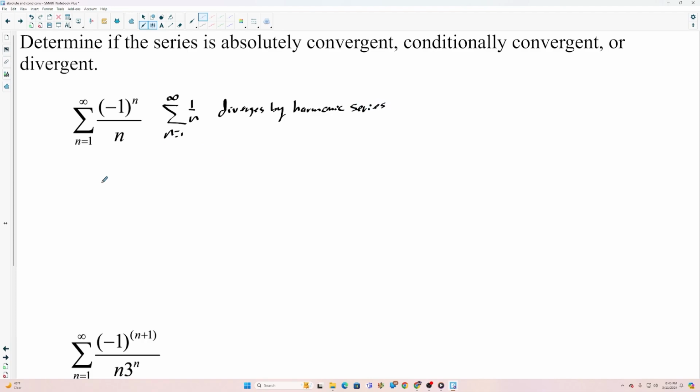So this does not converge absolutely. So the alternating harmonic series converges conditionally. So converges conditionally by, let's say, alternating harmonic series.